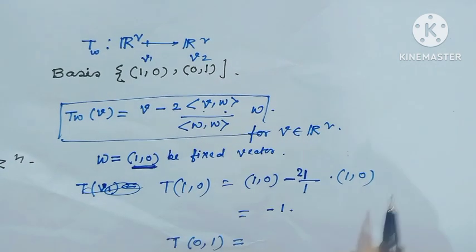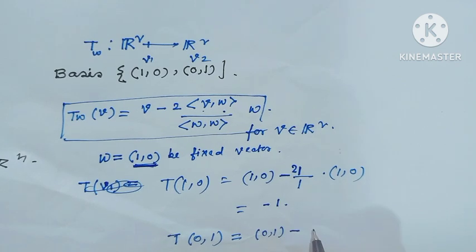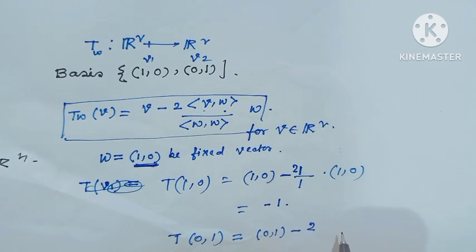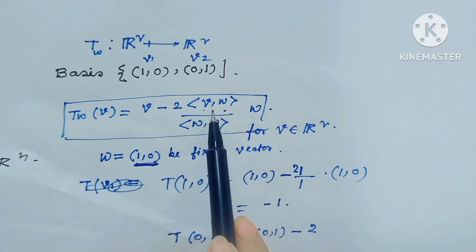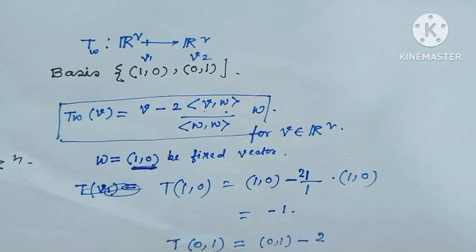And T(0, 1) is equal to V, the vector (0, 1), minus 2 times the inner product of V with W, here (0, 1) with the vector (1, 0).